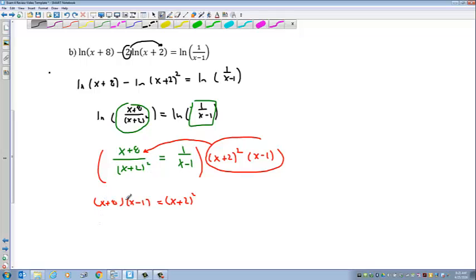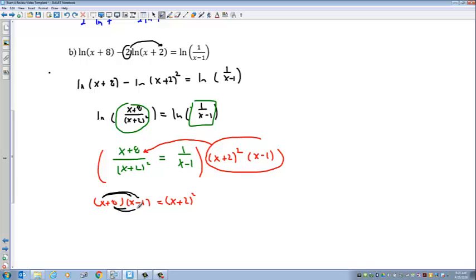So when you FOIL this out, so just use these arrows and multiply everything together, and you're going to get x squared plus 8x minus x, so that's plus 7x, and then minus an 8, is equal to, and then multiply this out, so x plus 2 squared, remember x plus 2 squared, it's x plus 2 quantity times x plus 2, not x squared plus 4.